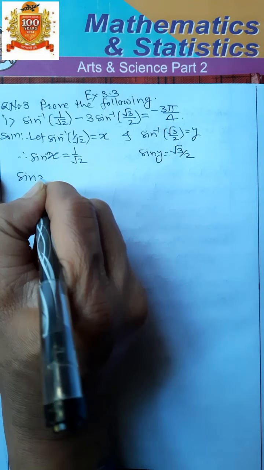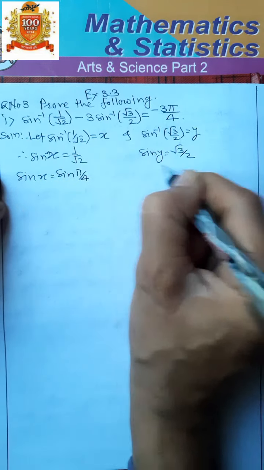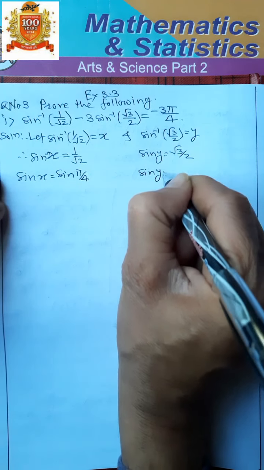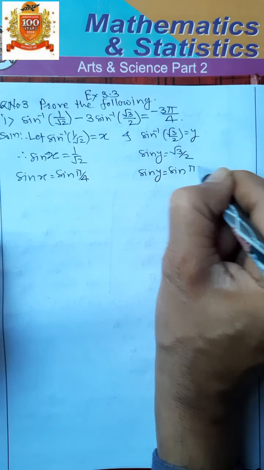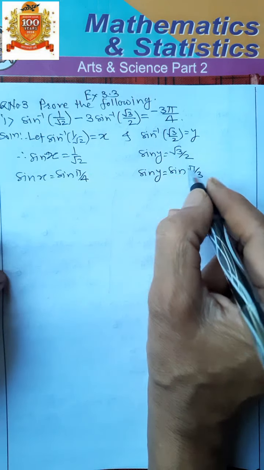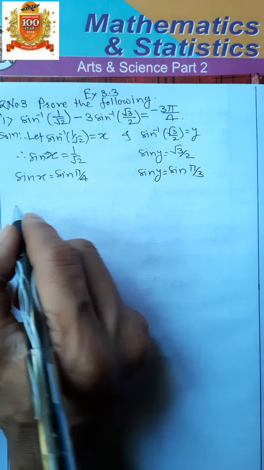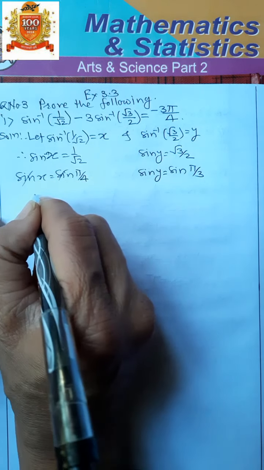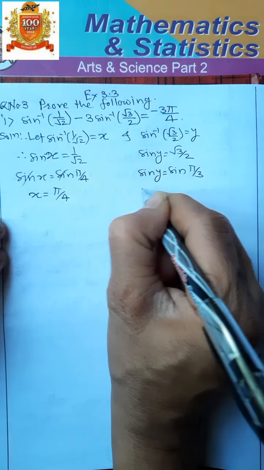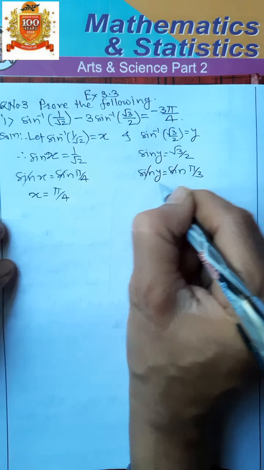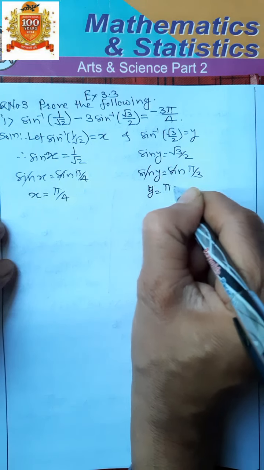Therefore, sine x is equal to sine pi by 4. Here sine y is equal to sine pi by 3. Sine 60 degrees is root 3 by 2 and sine 45 degrees is 1 upon root 2. Isn't it? Therefore, sine gets cancelled. Here x is equal to pi by 4 and y is equal to pi by 3.